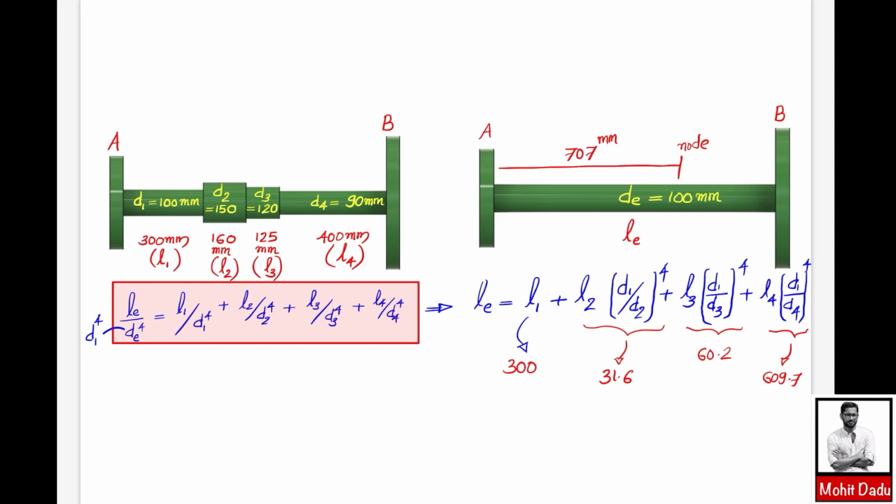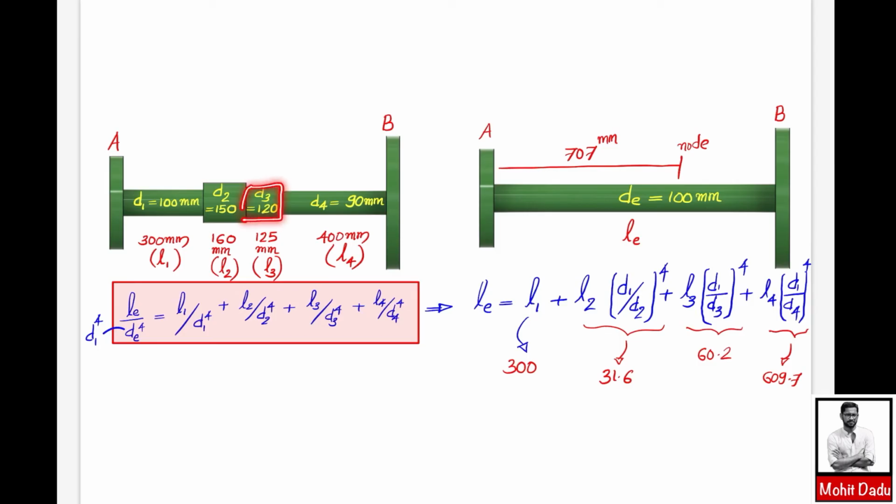In the first stage we evaluated the contribution of each part of the stepped shaft to the equivalent length. This entire 300 mm contributes to the equivalent length of the torsionally equivalent shaft. The 160 mm of 150 mm diameter becomes only 31.6 of 100 mm diameter.